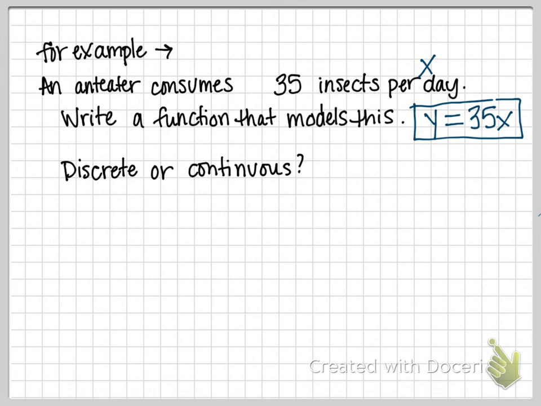What's our independent variable here? The days. Independent variable is the number of days, right? Is the independent variable something that can be broken into smaller parts? Yes. Can you break days into smaller parts? Yeah, you can.